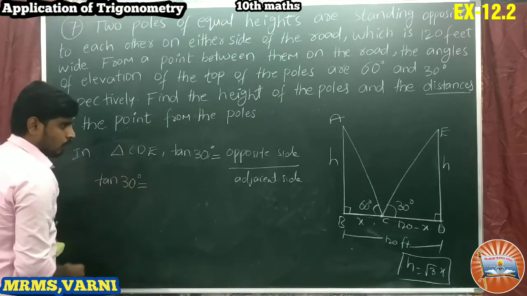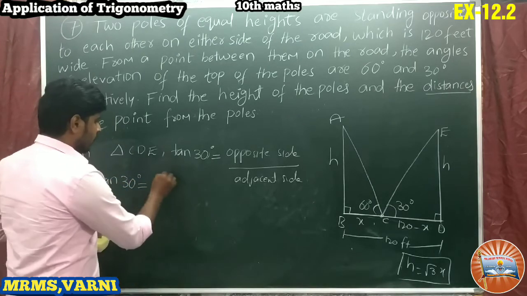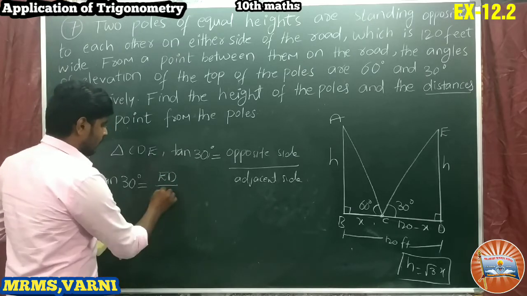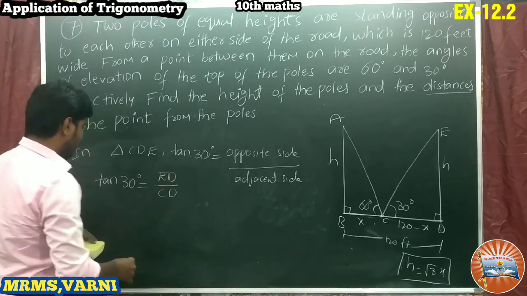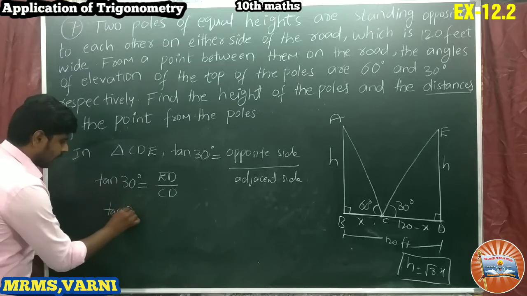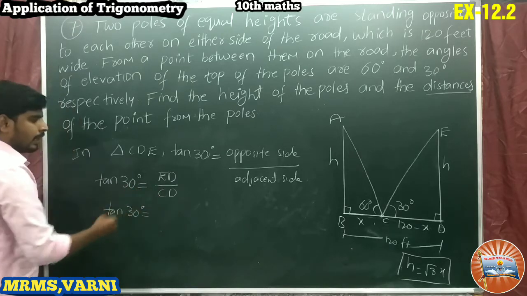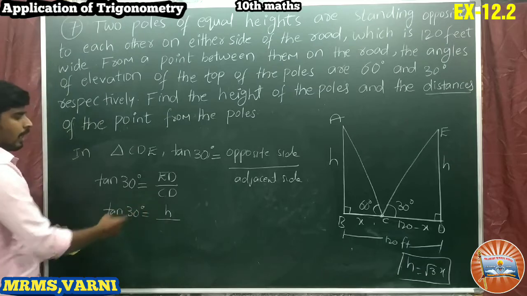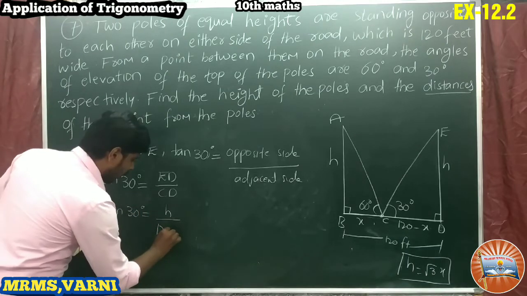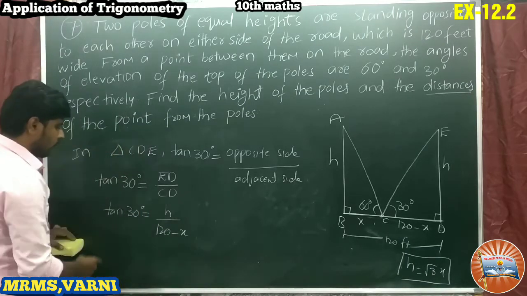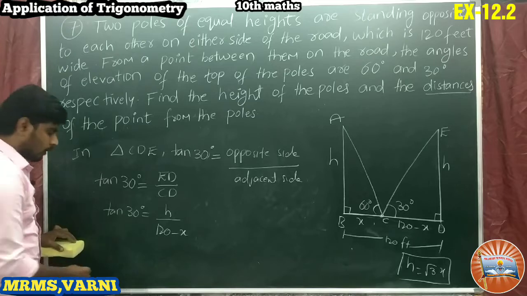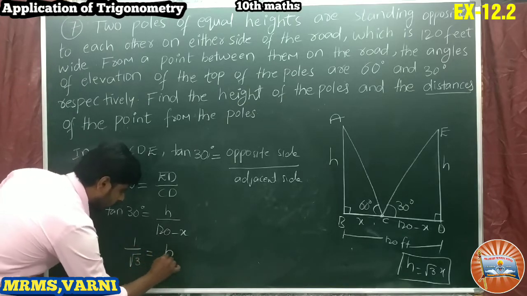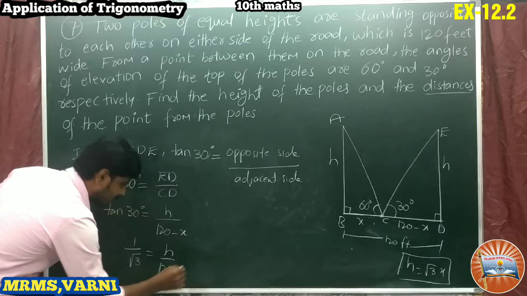Tan 30 degrees is equal to the opposite side, that is ED, by adjacent side, that is CD. So tan 30 degrees is equal to, ED value we considered is H, and CD is 120 minus X. Okay, tan 30 value, that is 1 by root 3, we have already. So H by 120 minus X.